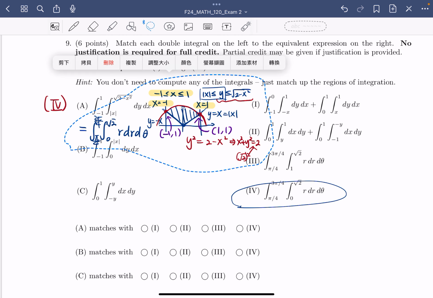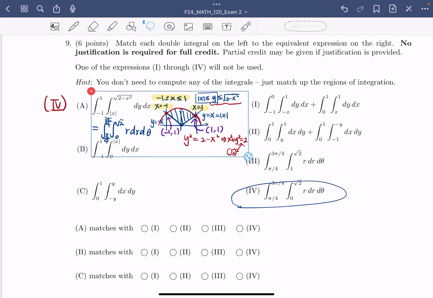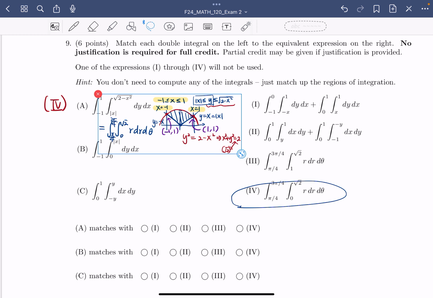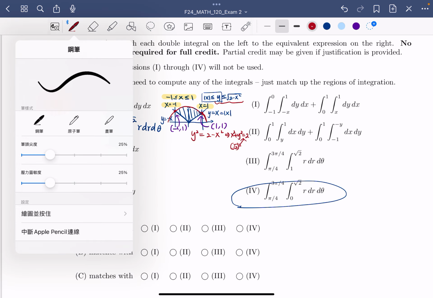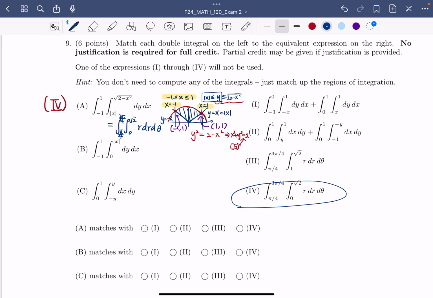Okay, let's adjust this a bit. Sorry. Okay, good now. What about part B? So, let's also look at the region we're integrating over.